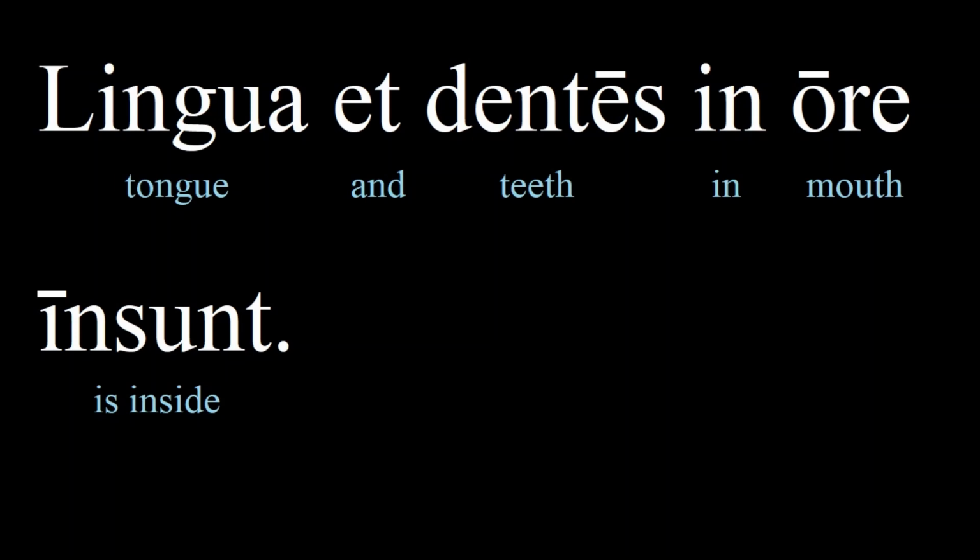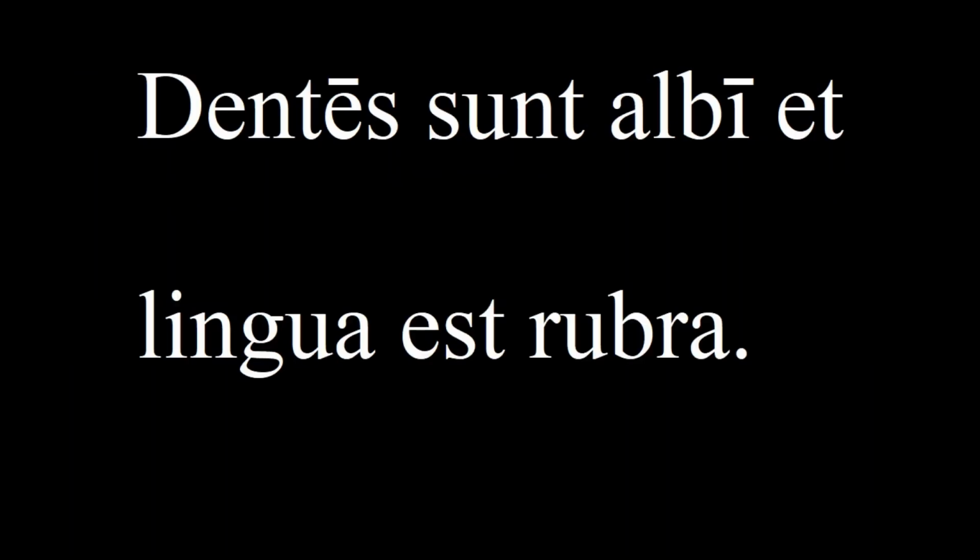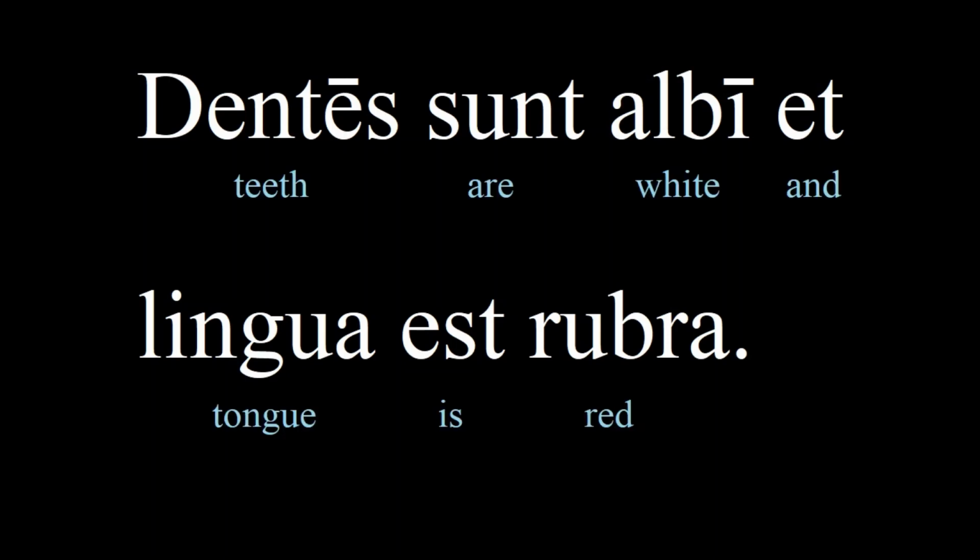And what colors are these body parts? Dentēs sunt albī et lingua est rubra. The teeth are white and the tongue is red. The word for white is albus and red is ruber. But here, albī is the plural form and rubra is the feminine form.